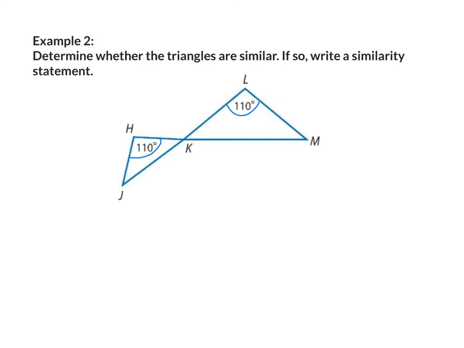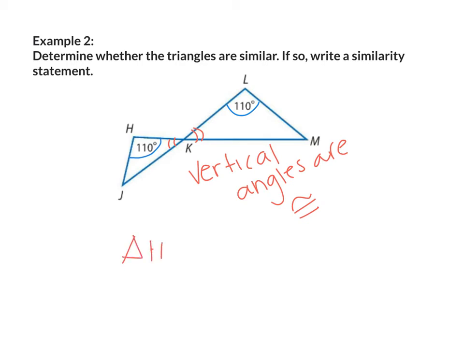I also notice that at point K, the angles inside the triangles are vertical angles, and vertical angles are congruent. So that means that triangle HJK is similar to triangle LMK.